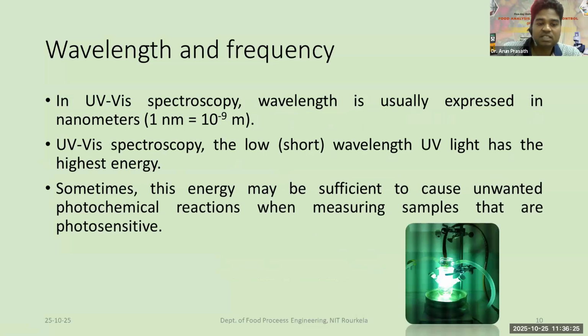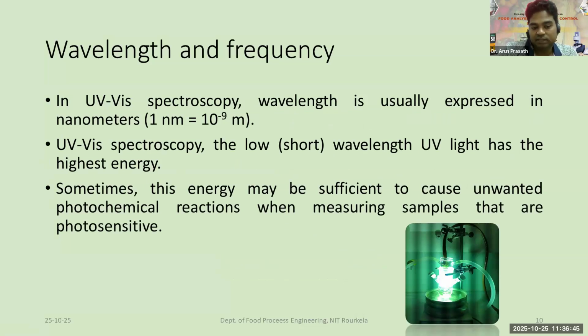In UV visible spectroscopy, the wavelength is usually expressed in nanometers, where 1 nanometer is 10^-9 meter.